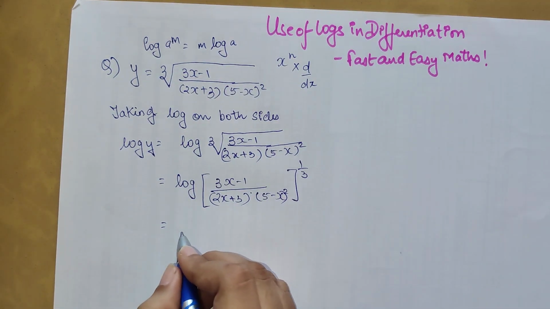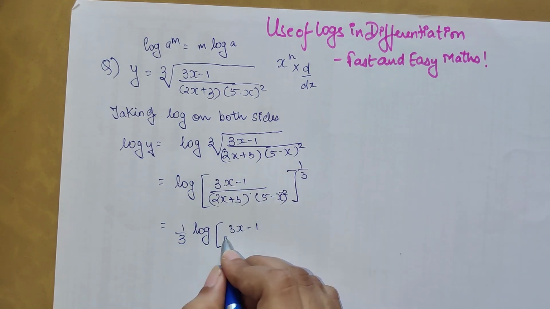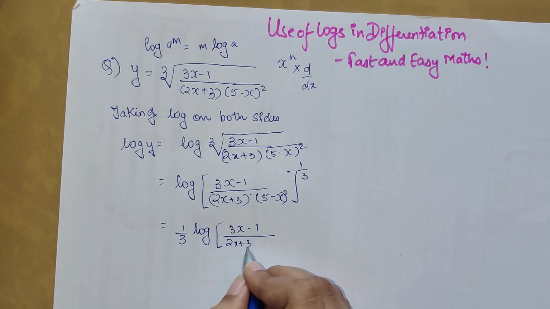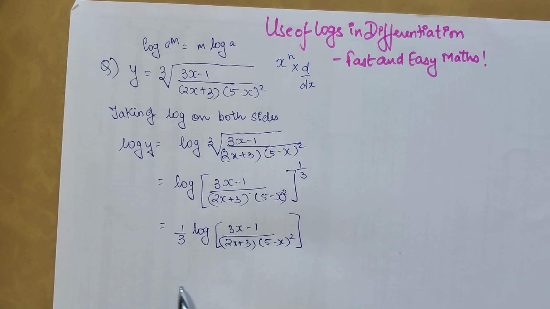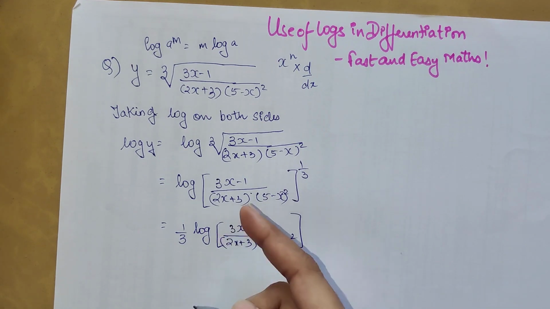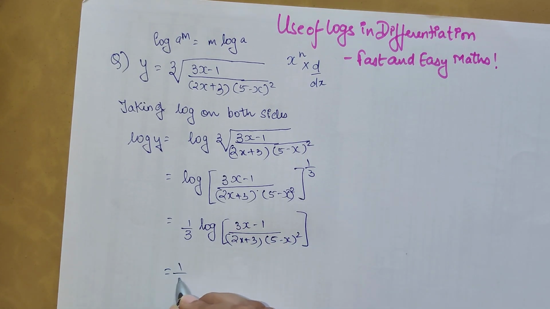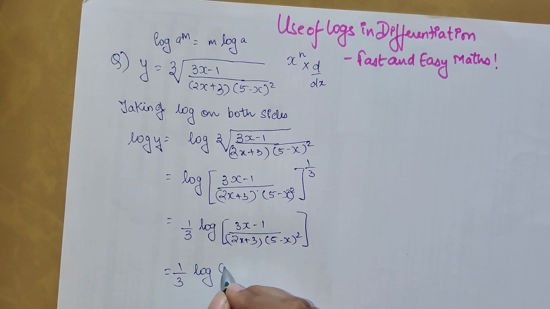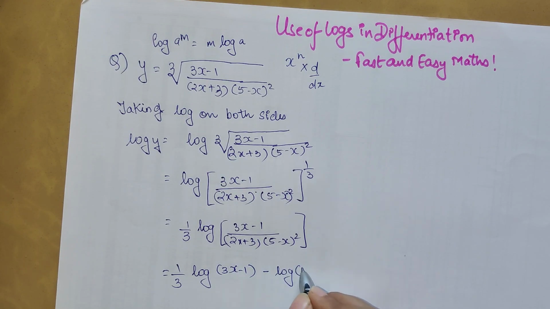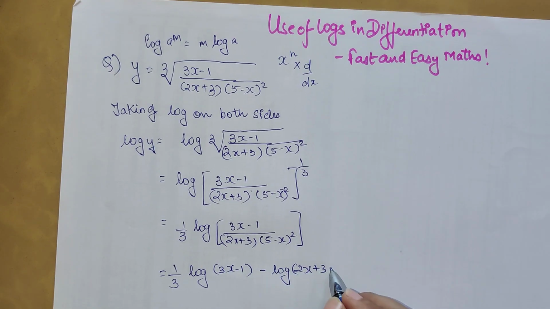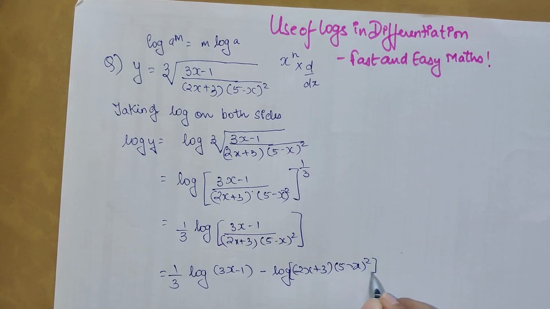So this will get you 1 upon 3 log of [(3x minus 1 upon 2x plus 3) and (5 minus x) the whole square]. Now as we know, log of a upon b is nothing but log of a minus log of b. Here we are still going to write this as log of 3x minus 1 minus log of 2x plus 3, multiplied by (5 minus x) the whole square.